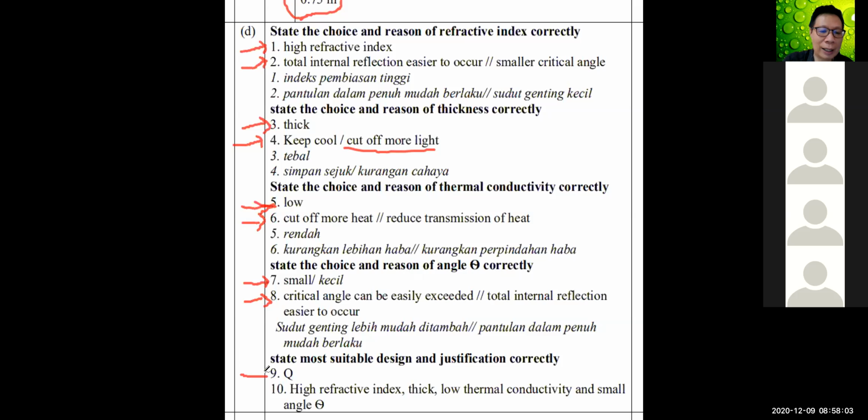That's how you get the last 2 marks. Usually the last 2 points you write outside the table. You close your table, you write it under the table. Outside the table, you state your choice, okay? 10 marks all together.